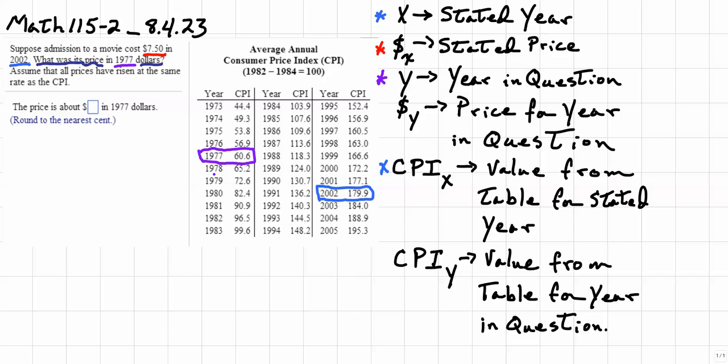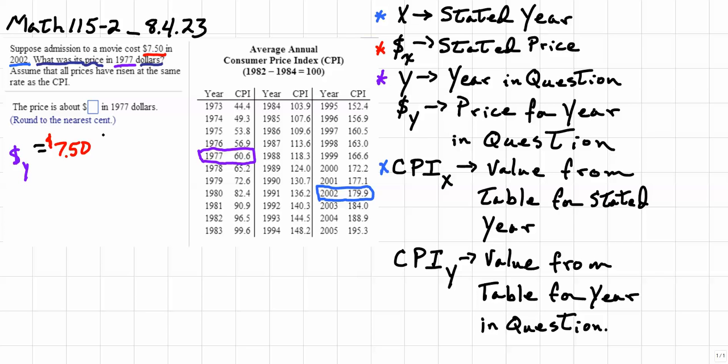Now, in order to tie this together, we need to use a formula. The particular formula that we're going to talk about is going to be the dollars in year Y. That's going to be dollar sub Y. And that will be equal to the price in the stated year that we're talking about, which for us was going to be $7.50. And we can put the dollar sign here.